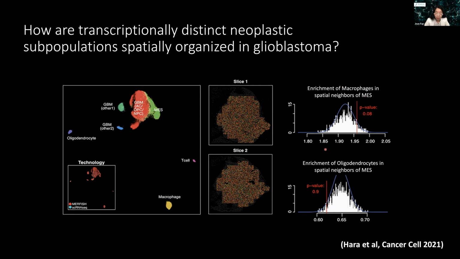In contrast, we don't see the same type of spatial enrichment for oligodendrocytes, for example, in the spatial neighbors of the mesenchymal cells. And likewise, we don't see this type of spatial enrichment for macrophages among the spatial neighbors of the other glioblastoma subtypes. So this seems to be a type of spatial enrichment unique to this mesenchymal subtype and unique to macrophages.